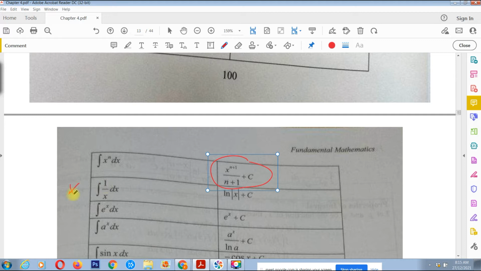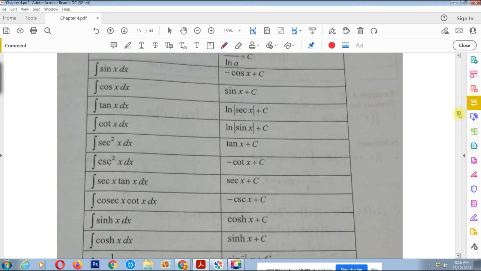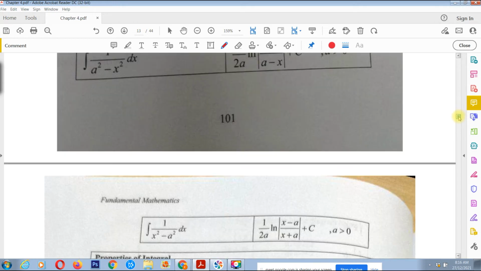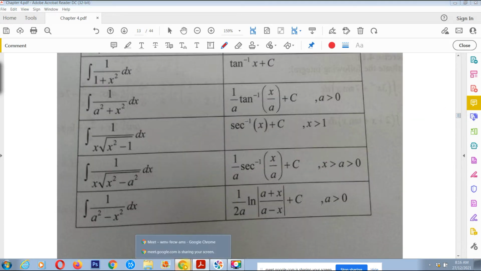Okay, the most important one, which is very confusing and tricky, is integrate 1 over x equals ln x. But if we integrate ln x with respect to x, you will get what? Not sure.